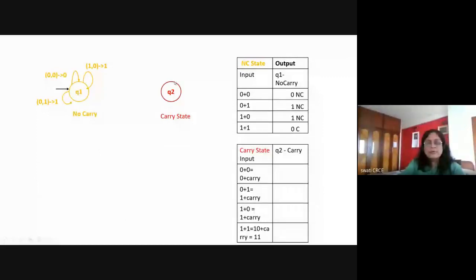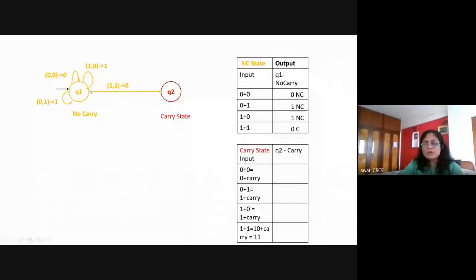So with this 1 plus 1, it will generate the output as 0, and it will transit to a new state, that is Q2, the carry state. Okay, so now for this state Q1, for every input, the transitions are done. There are four types of inputs: 0 0, 0 1, 1 0, and 1 1. For all four types of inputs, these transitions are over for the state Q1.